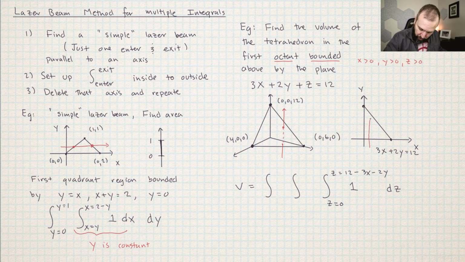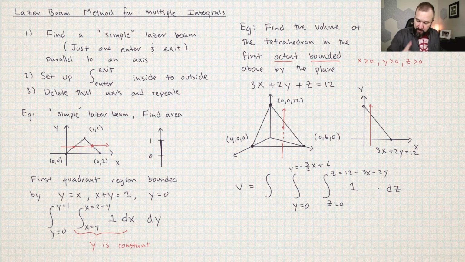So I'm going to go ahead and choose to shoot a vertical laser beam this time. This is going to enter at y equals 0. And then if I solve this for y, it's going to exit at y equals negative 3/2 x plus 6. All I did was solve the equation of that line for y.